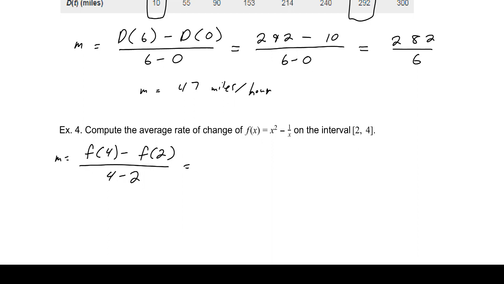Now f of 4, we'll find that out over here. That is 4 squared minus 1/4, 16 minus 1/4, which is 63 fourths, because 16 is 64 over 4.